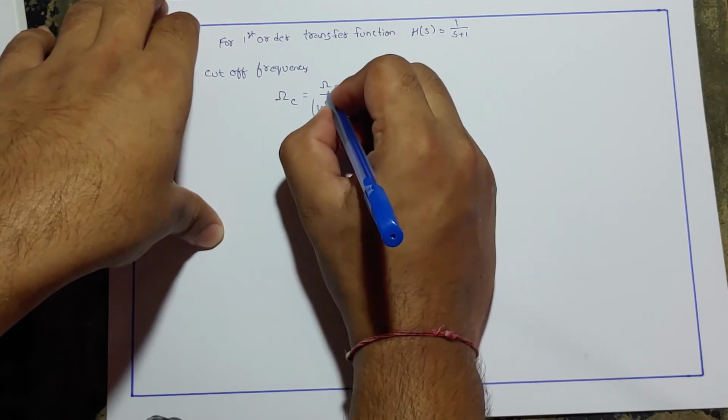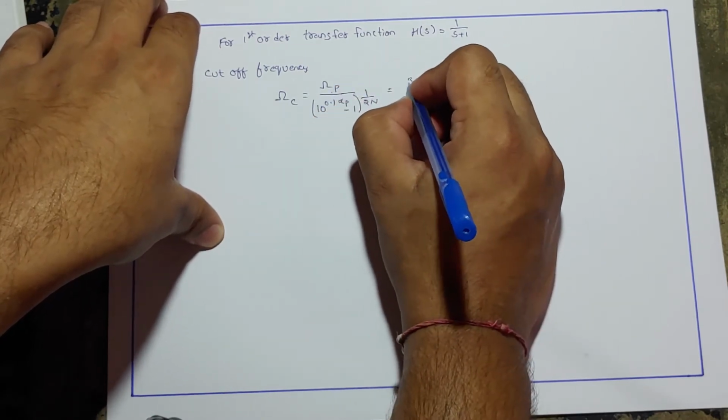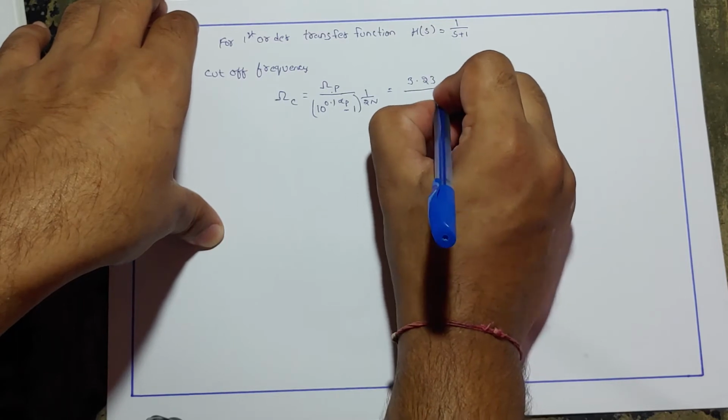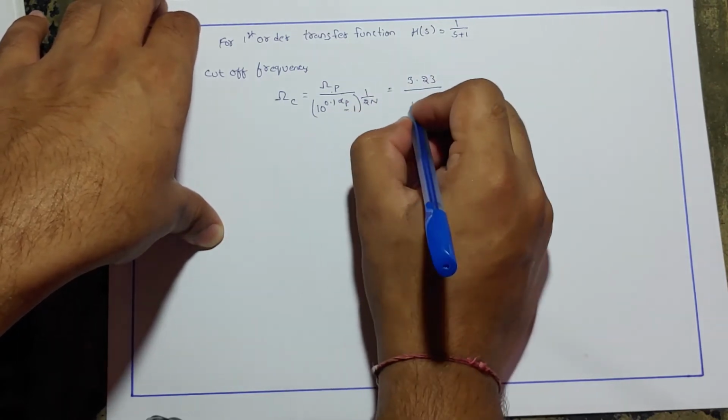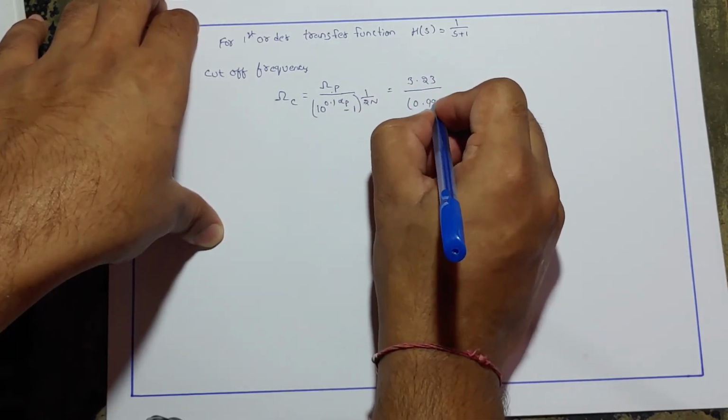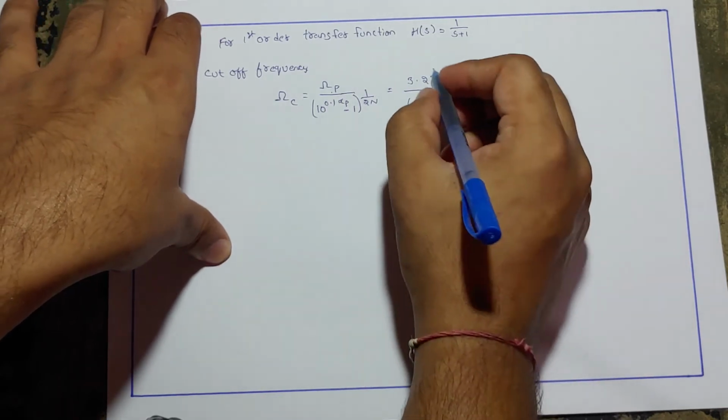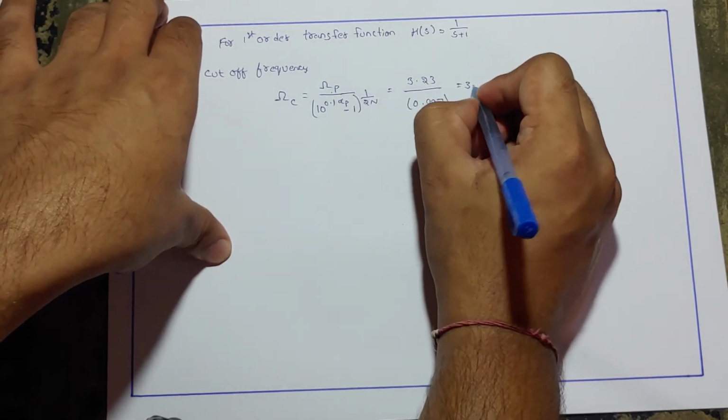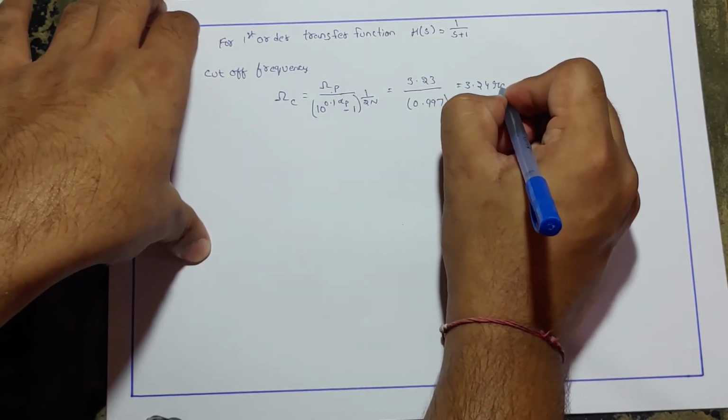Here alpha p is equal to 3.23, by this value 0.997, and after calculating this we will end up with 3.24 radians per second.